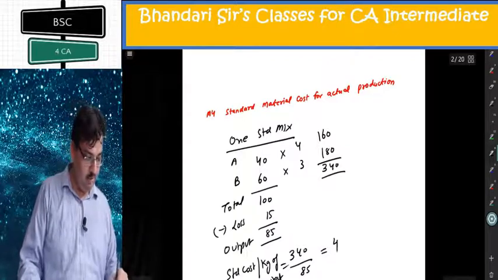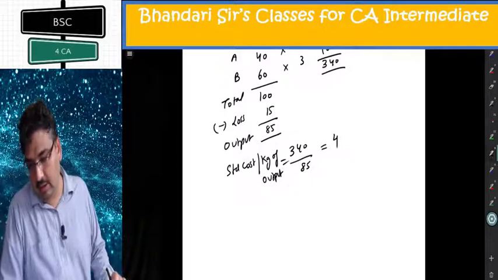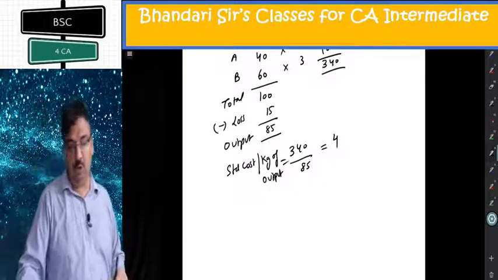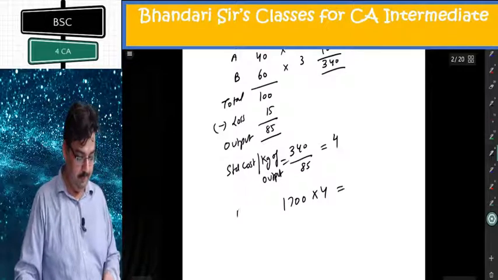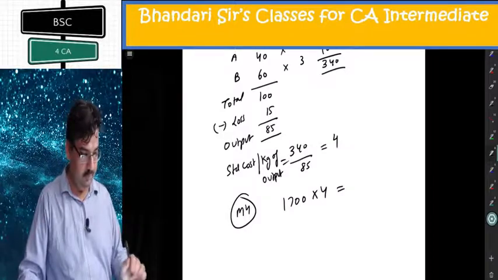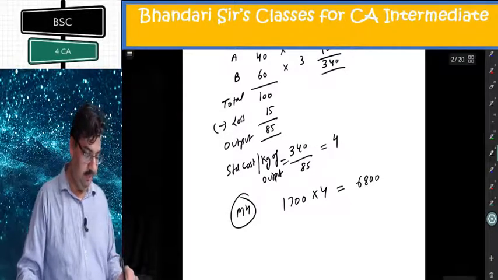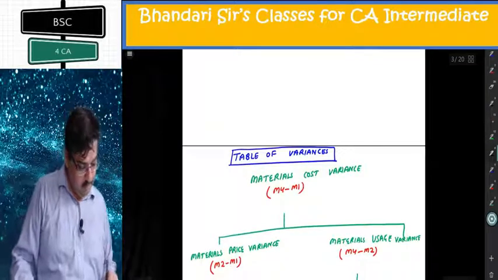This is 4 rupees. Actual output is given in the question: 1700 kg of finished output is produced. 1700 into 4, this is M4, 6800.